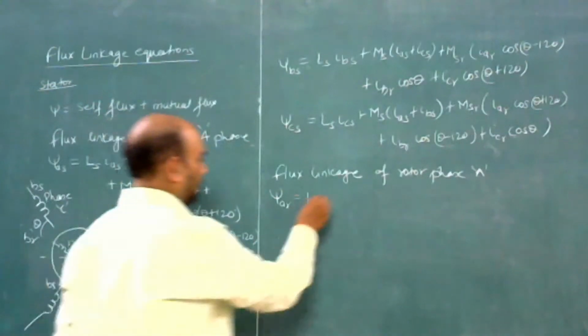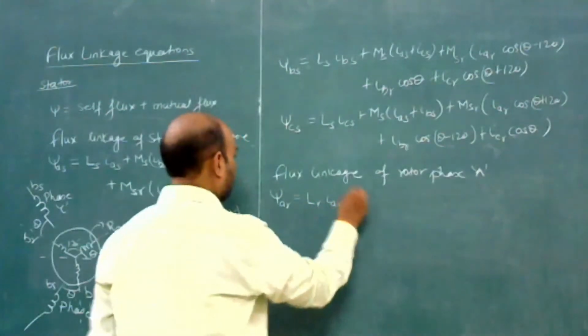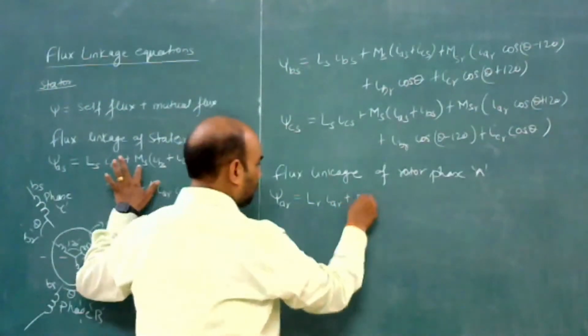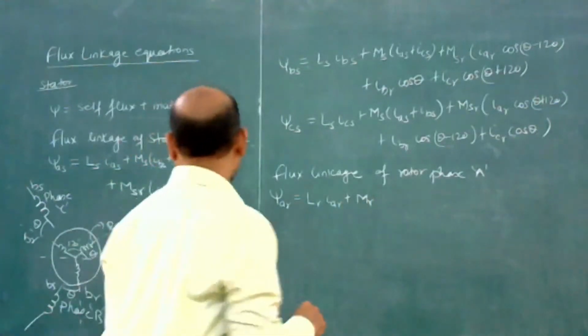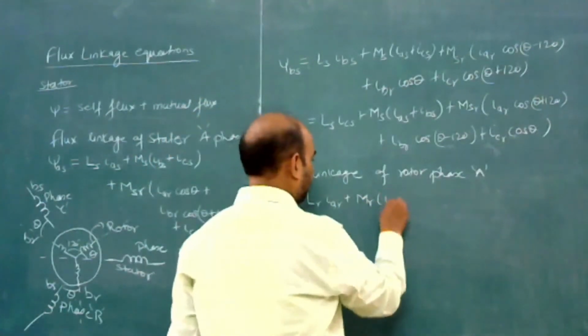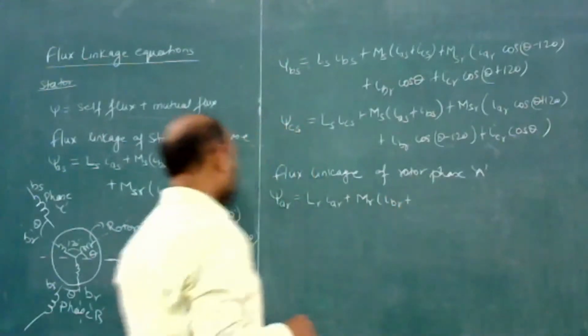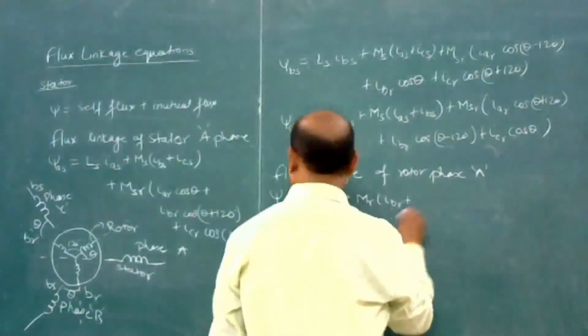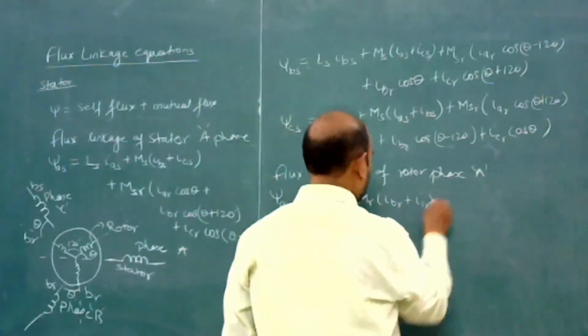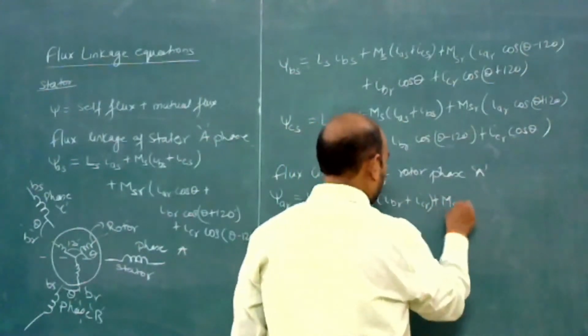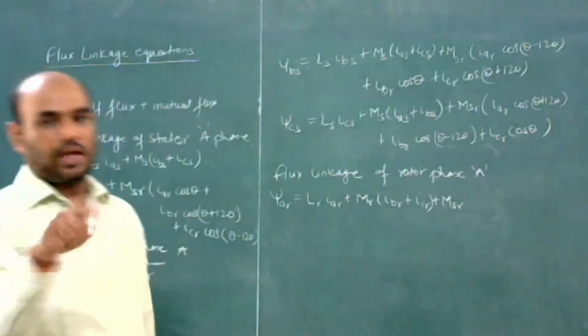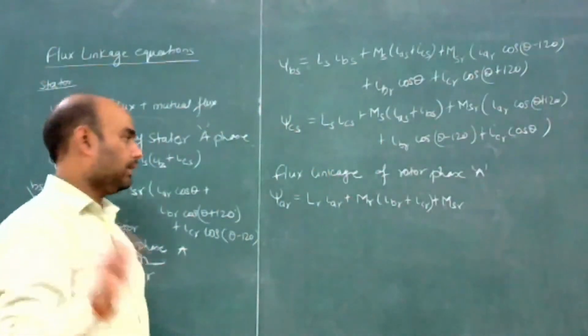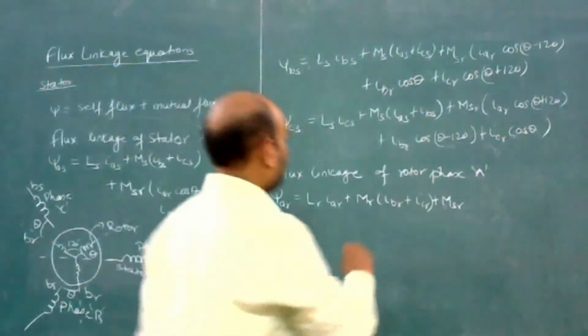This will be IAR plus MR, the mutual inductance, times IBR. Here S will be replaced by R. So IBR plus ICR, and this will be MSR. MSR is equal to MRS.